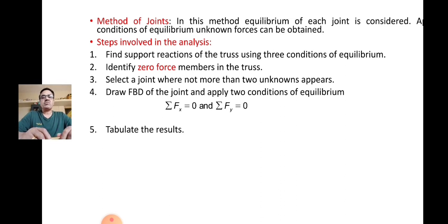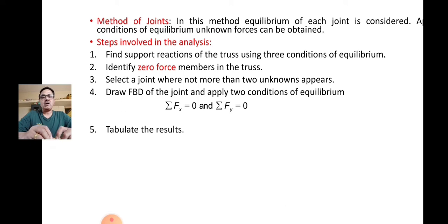Now the steps involved in the analysis are: first, find the support reactions of the truss using three conditions of equilibrium. So here in the first step, you have to apply all the three conditions of equilibrium to the entire truss. As we know, the first condition is summation Fx is equal to 0, the second condition is summation Fy is equal to 0, and the third condition is summation M is equal to 0.